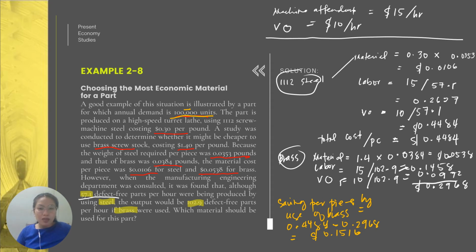So care should be taken in making economic selections between materials to ensure that any differences in shipping costs, yields, or resulting scrap are taken into account. Commonly, alternative materials do not come in the same stock size.